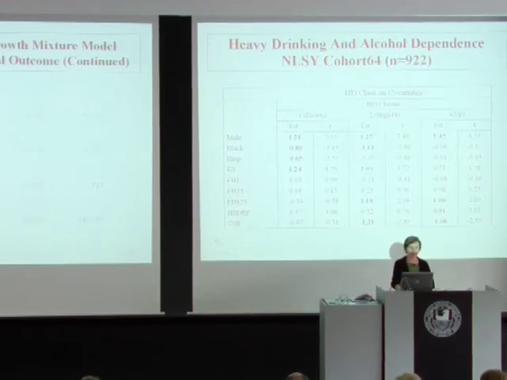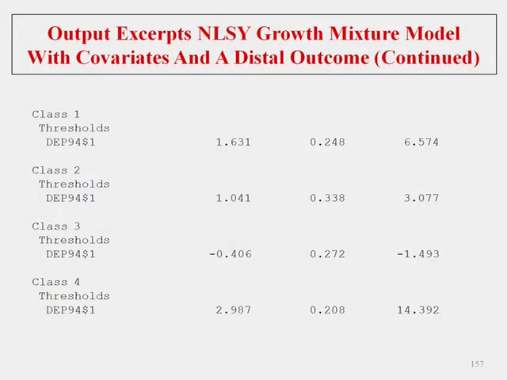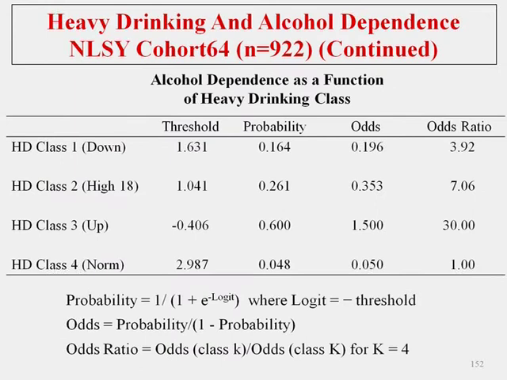Now here, we have the information for the distal outcome of alcohol dependence. So we have class 1, class 2, class 3, class 4, and we have our thresholds, 1.631, et cetera. And if we go forward over here, we'll see that those are the numbers we put in our table.